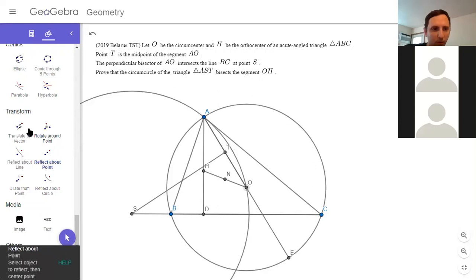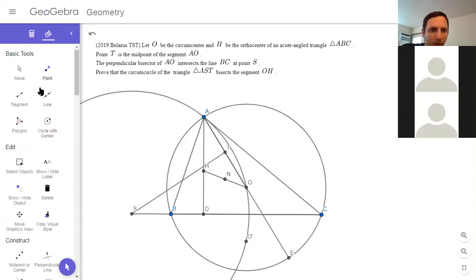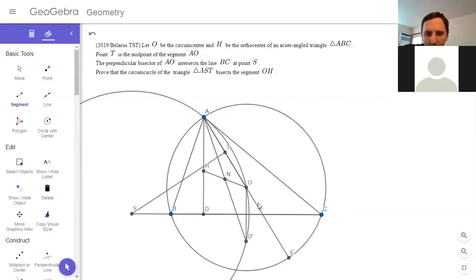So, oh, whoops, got to reflect about a line instead of a point. And N goes to the reflection of O across BC. And that's because the distance AH is twice the distance from O to BC, basically. So that's a well-known fact.